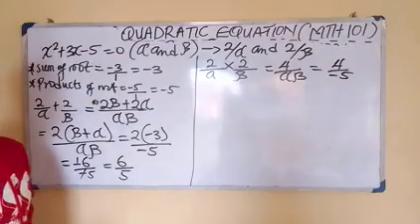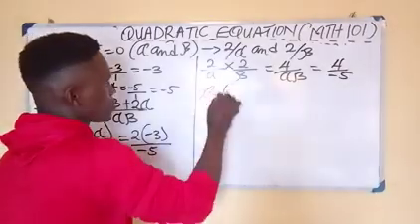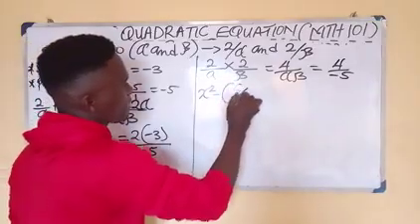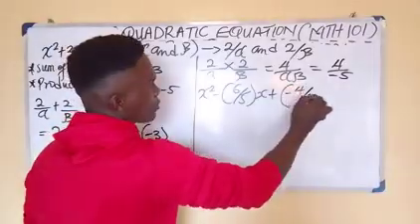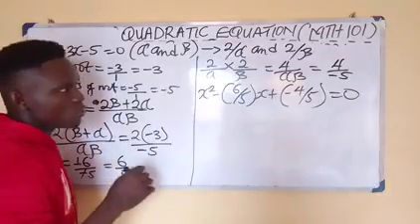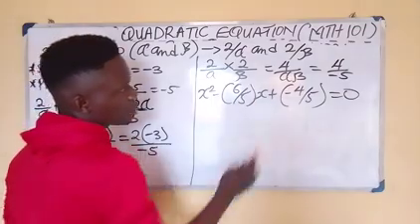So what is the new quadratic equation? It becomes x squared minus the sum of roots. We got 6 over 5, then x plus minus 4 over what? 5 as the product. Because I'm having fractions, I'm having denominator 5, what should I do?